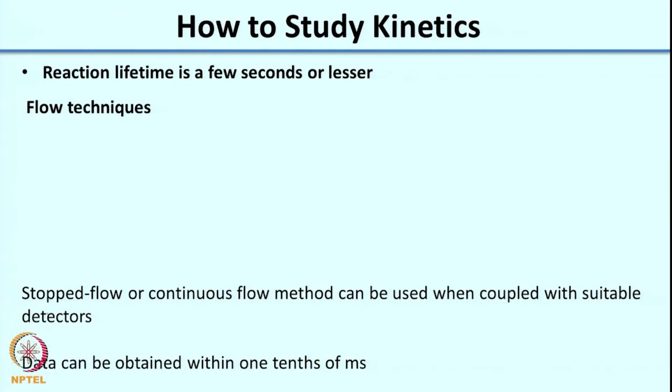In the flow techniques, I will give you a simple example. Let us consider a reaction A plus B going to the product. What you do is you use a reactor.